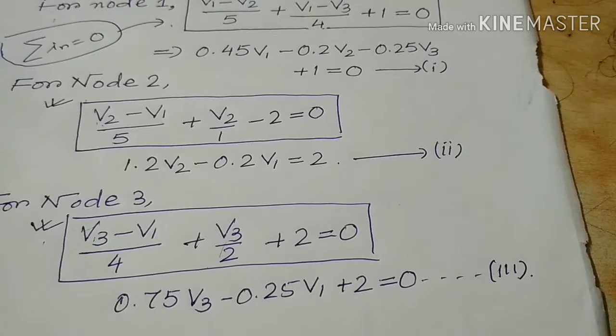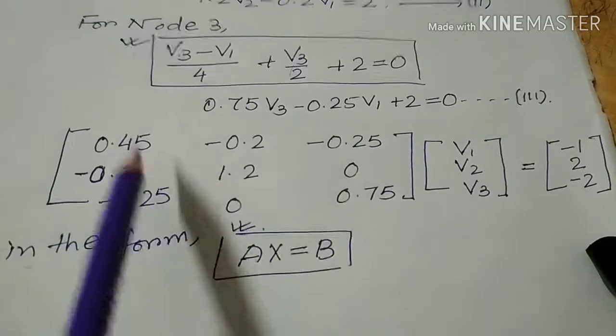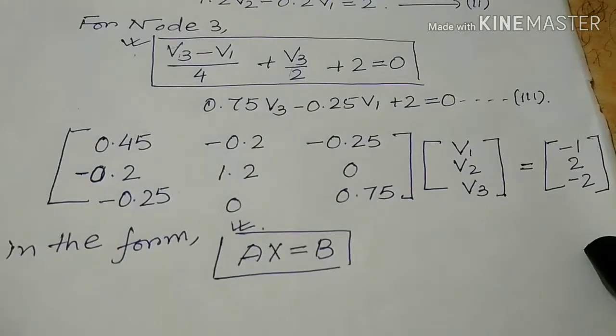We can use the comparison method or the elimination method for solving, but I suggest using the matrix method. The matrix form of these 3 equations is like this, in the form Ax equal to B.